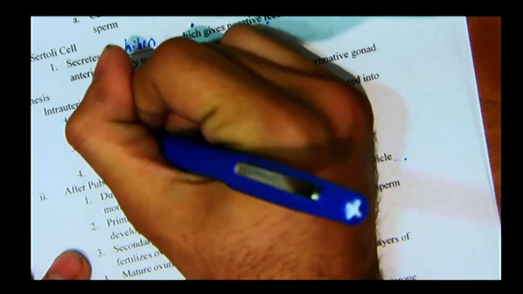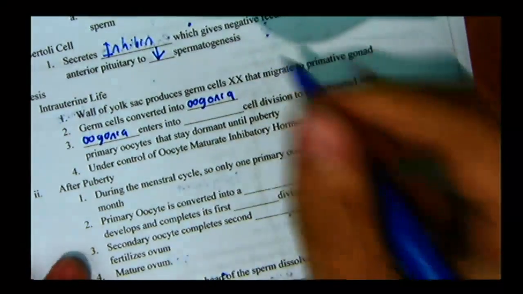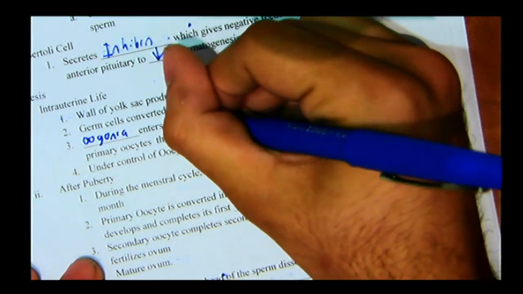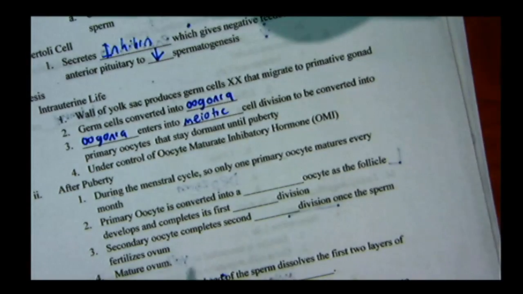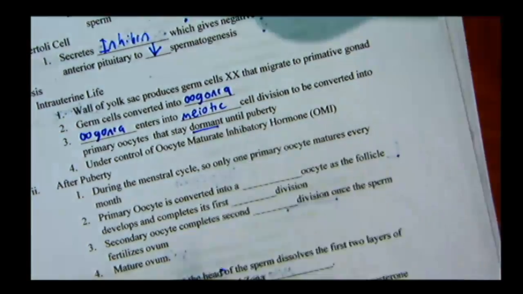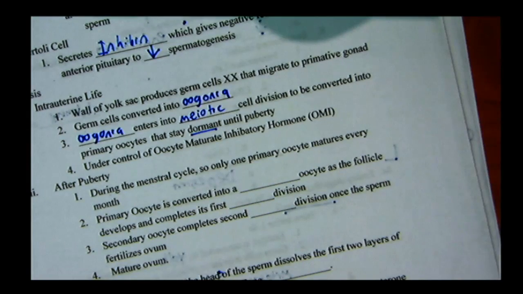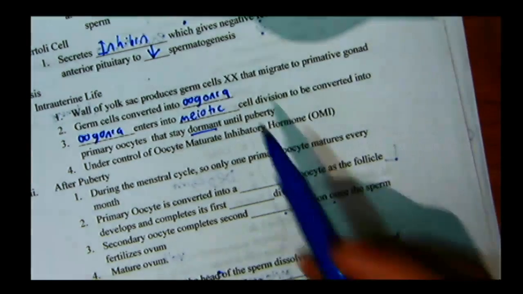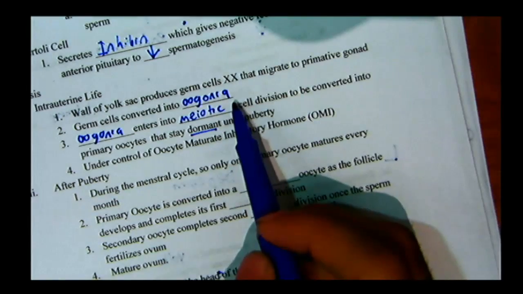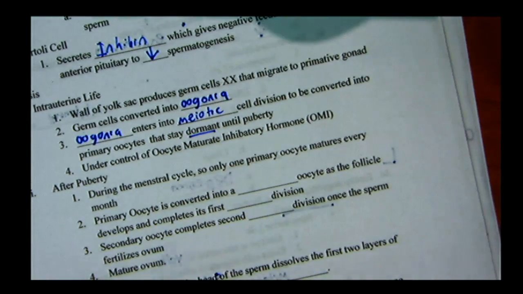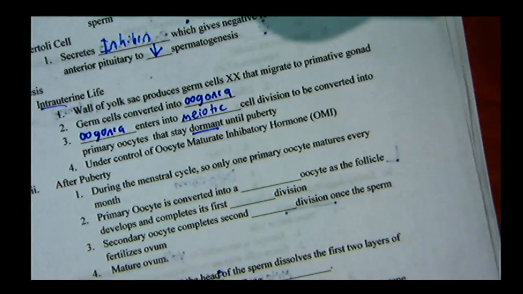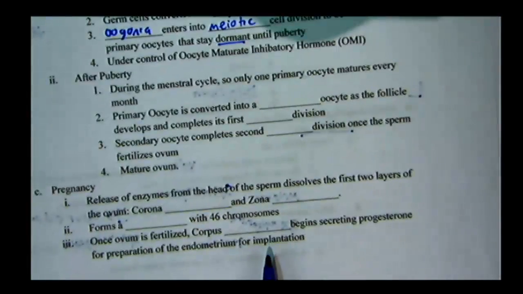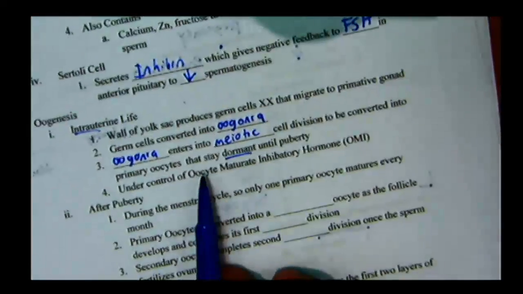So this is a primary reason why females have limited reproductive life, because it enters into meiotic cell division when it's in utero, while males enter mitotic, so we have as many sperm as we need. This is important, it's under control of oocyte maturation inhibitory hormone. This essentially stops the primary oocyte from being activated before puberty.